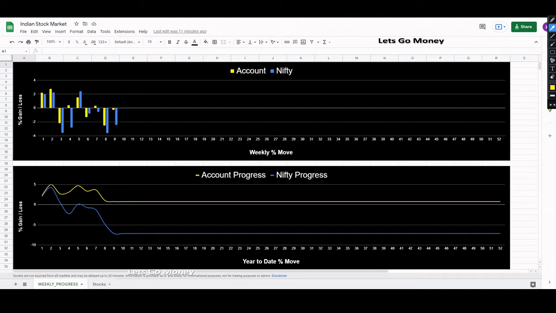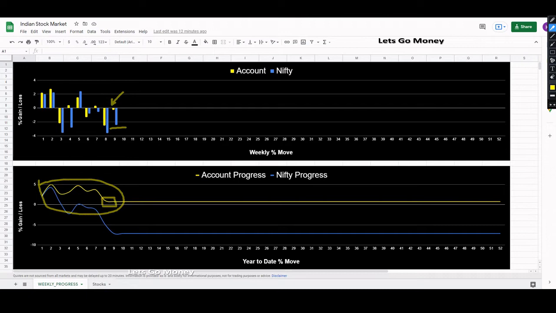But overall, we managed to hold our account close to 0% or a little loss, but Nifty pulled down more than 2%. So overall we are at close to 0% profit this year.